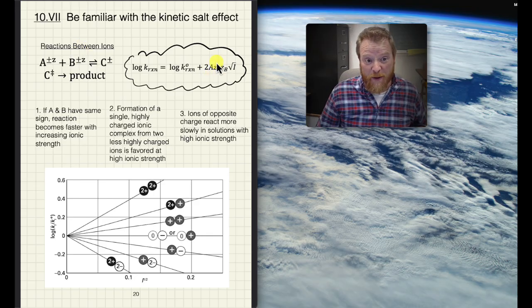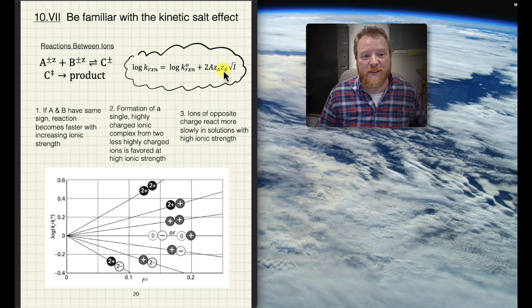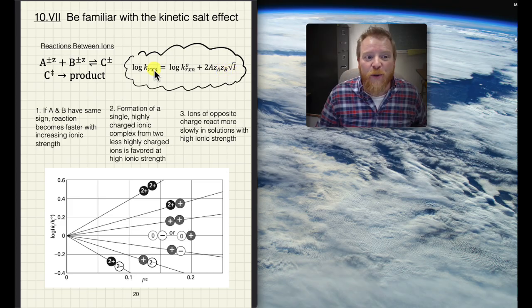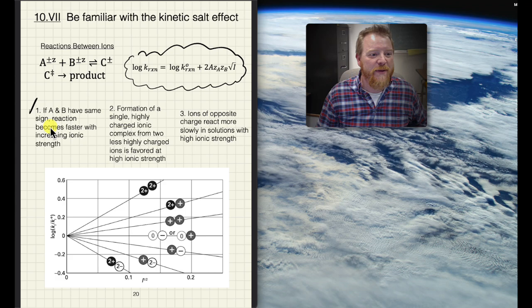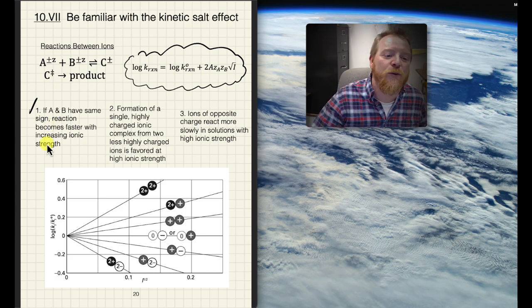If A and B both have the same sign, then this quantity turns out to be positive, which increases the overall value of the rate constant.